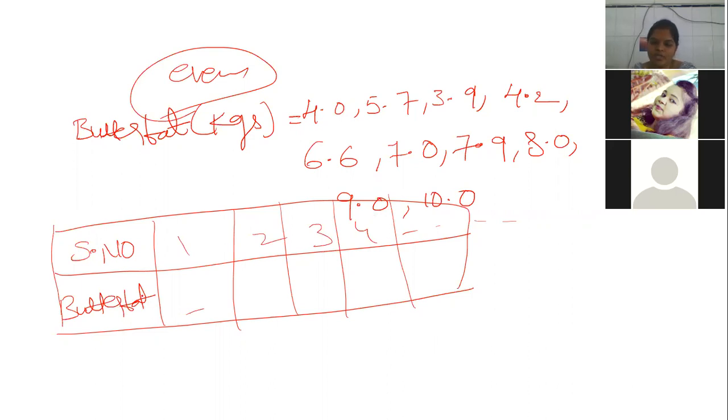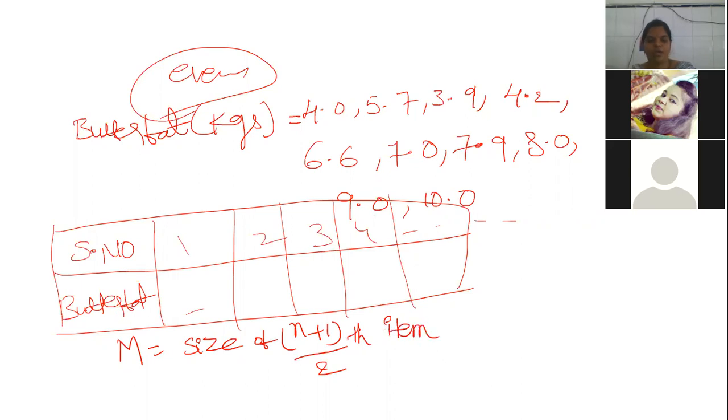Next point, just calculate the capital M. What is our formula? Size of (n plus 1) by 2 item. How many observations are there?